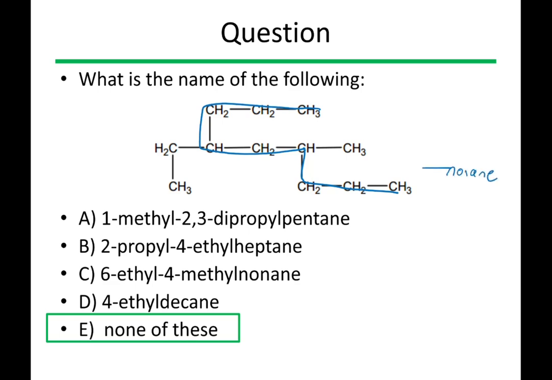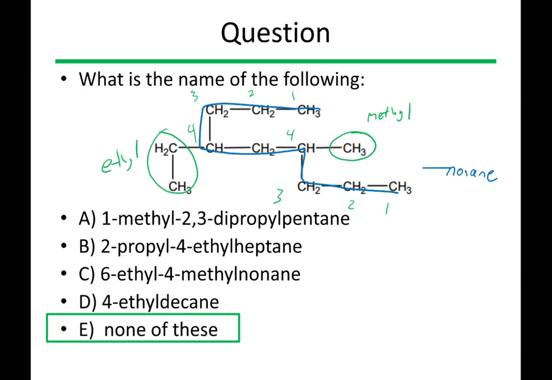And now let's look at our substituents. So here we have a methyl group, and we have an ethyl group. And now we want to count for numbering. So again, we want the numbers to be as small as possible. If we look over here, we could get 1, 2, 3, 4. If we count from this direction, we get 1, 2, 3, 4.